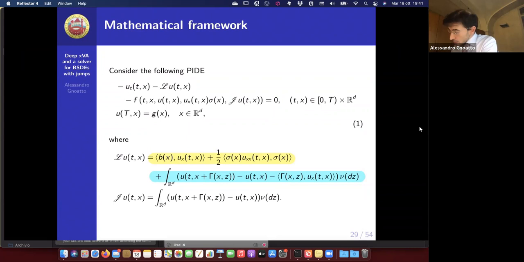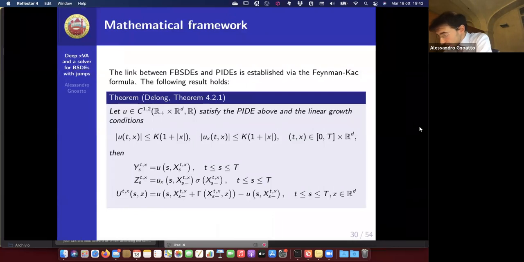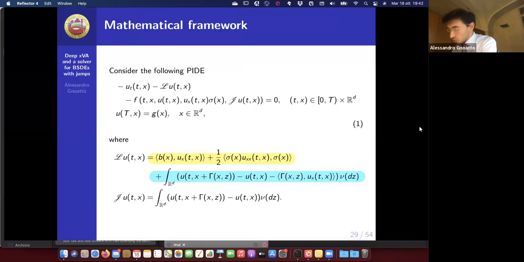So essentially, a BSDE solver is a machinery which allows us to solve PDEs of this form in very high dimension. I did not mention PDEs in the first part, but from the Feynman-Kac theorem, this is what it is about. From the Feynman-Kac theorem, we have a strong relationship between forward-backward stochastic differential equations of the form that I just gave you and this sort of partial integral differential equation.